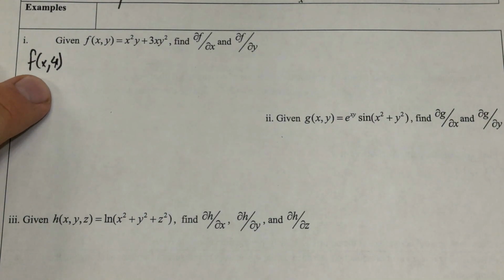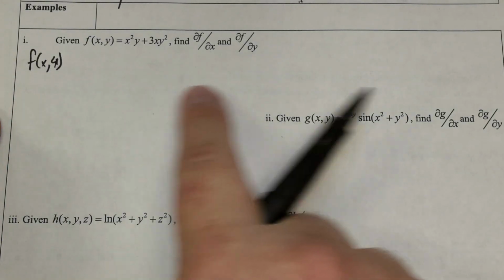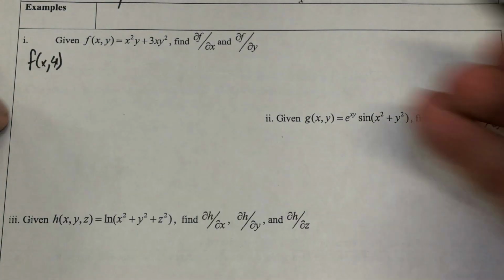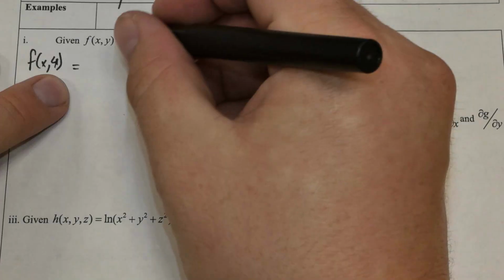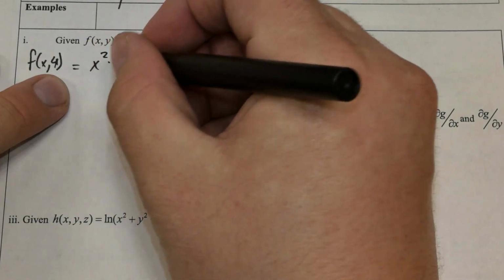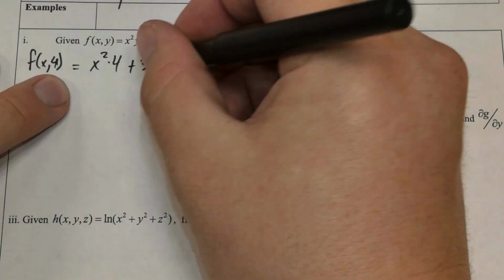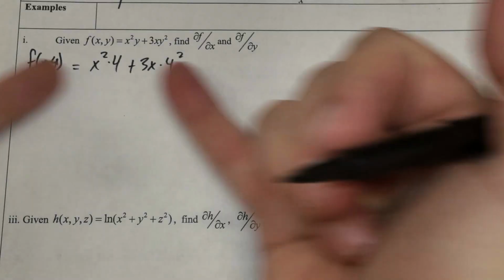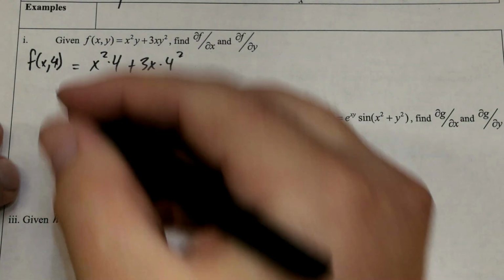You'll see me use this strategy, and I'll verbally use it, but I really won't use it much beyond this first example because it's technically improper math. You'll see. So this function, if I plugged in a number for y, it would turn into this. Well, let's take the derivative with respect to x.